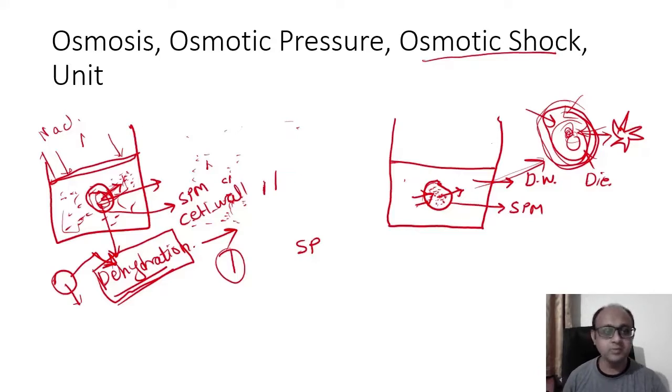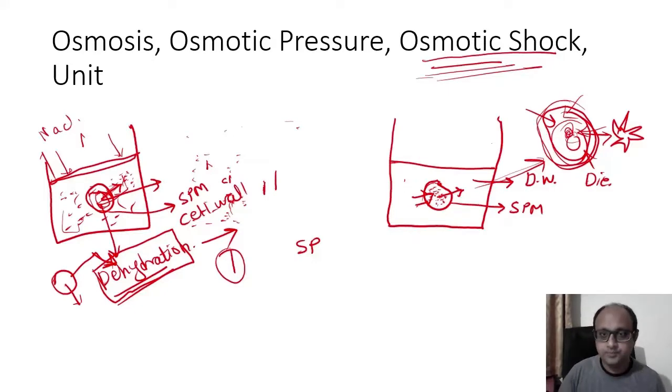But most of the time the cell will regain its original shape and live again, right? So this process is called osmotic shock. The unit of osmotic pressure is the same as that of pressure, right?